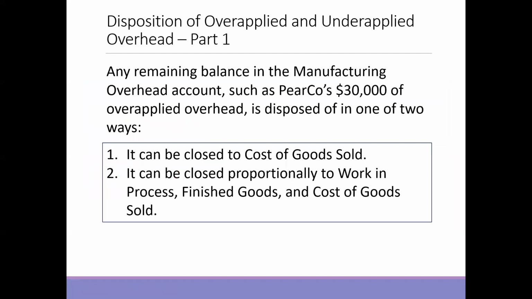Any remaining balance in the manufacturing overhead account, such as Pear Company's 30,000, gets disposed of in one of two ways. It can be closed out to cost of goods sold, or it can proportionately be closed between work in process, finished goods, and cost of goods sold. So we can prorate those various accounts.